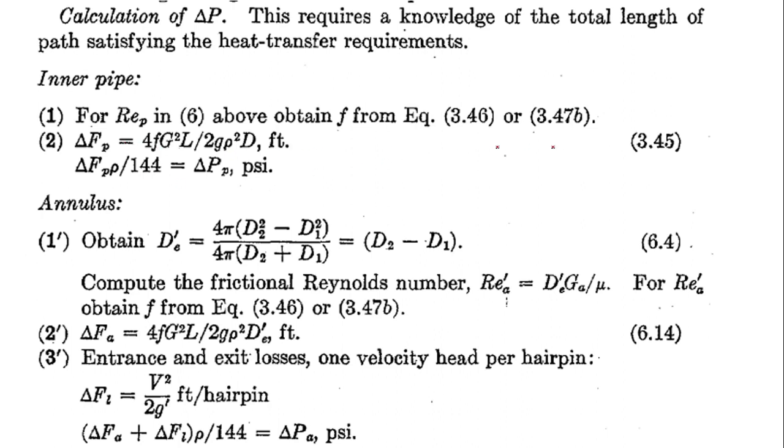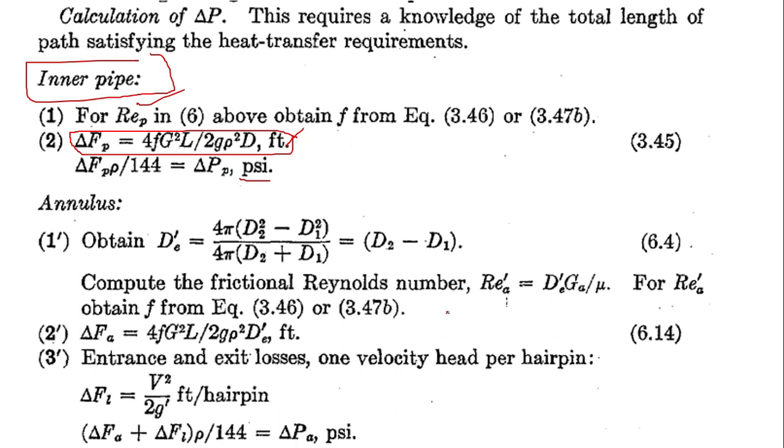For the pressure drop formula for the inner pipe, you will have to get the Reynolds number, and after getting the Reynolds number value, you use this equation, this is the fanning friction equation, and it is given over here, and the units ultimately you will get in feet, right? And in order to convert it into PSI, multiply this parameter with the density divided by 144, you will get the pressure drop units in the inner pipe in PSI.